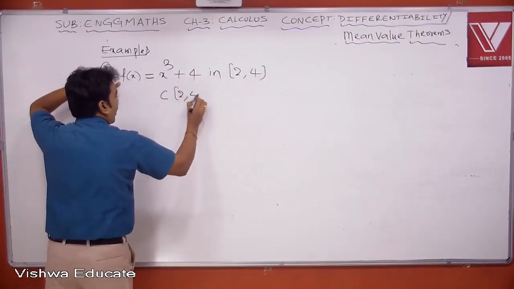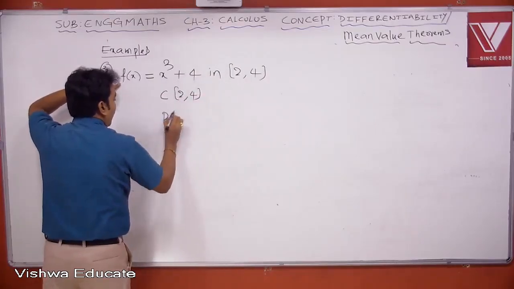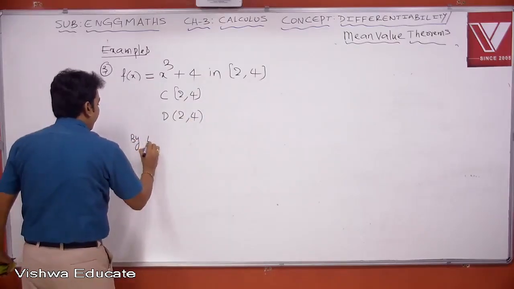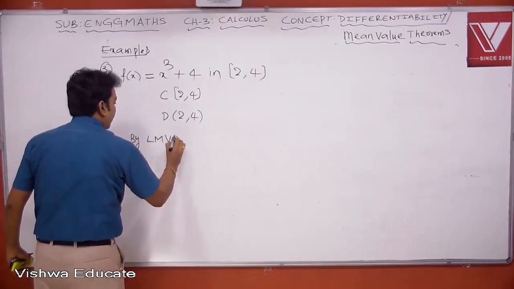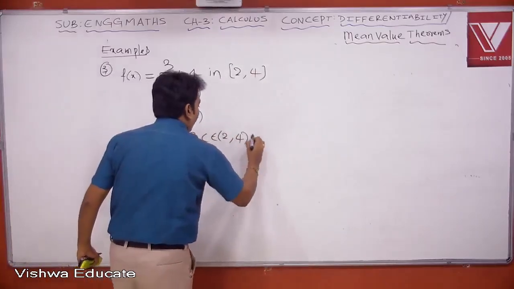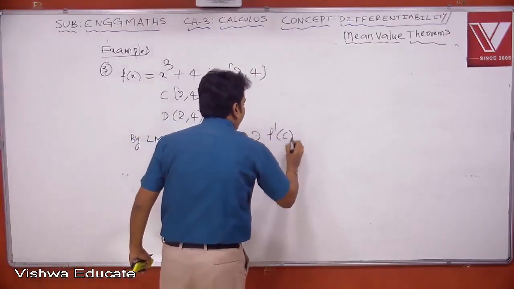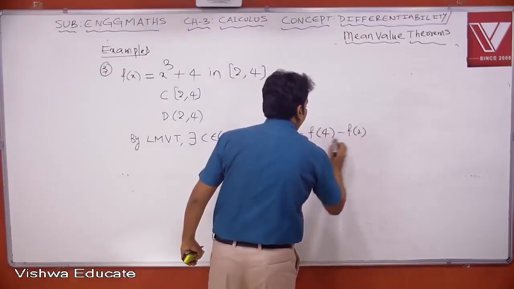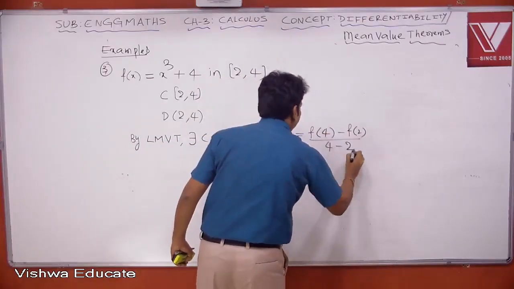Continuous in closed interval 2 comma 4, differentiable in open interval 2 comma 4. Therefore, by Lagrange's mean value theorem, there exists C belongs to open interval 2 comma 4 such that f dash of C equal to f of 4 minus f of 2 divided by 4 minus 2.